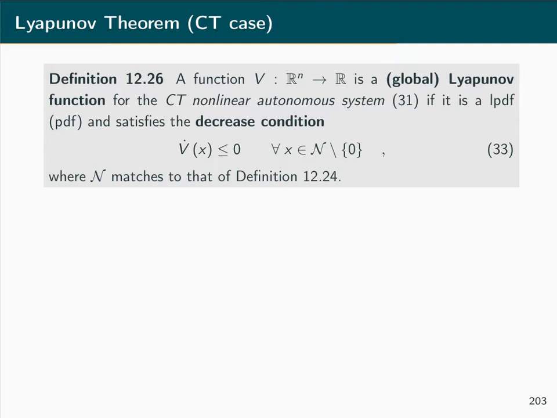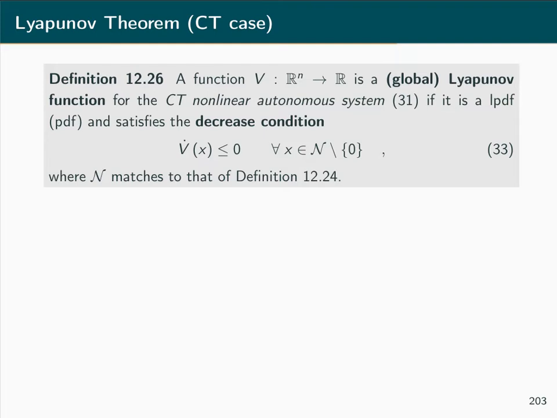In other words, being a Lyapunov function is a stronger condition than being a Lyapunov function candidate, which is the same as being a locally positive definite function, because a Lyapunov function in addition must satisfy this decrease condition on the same neighborhood where the function is a Lyapunov function candidate.